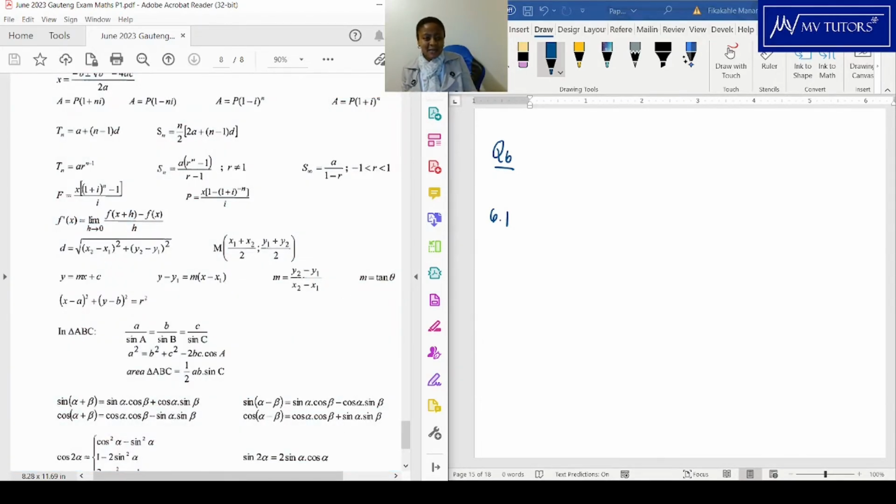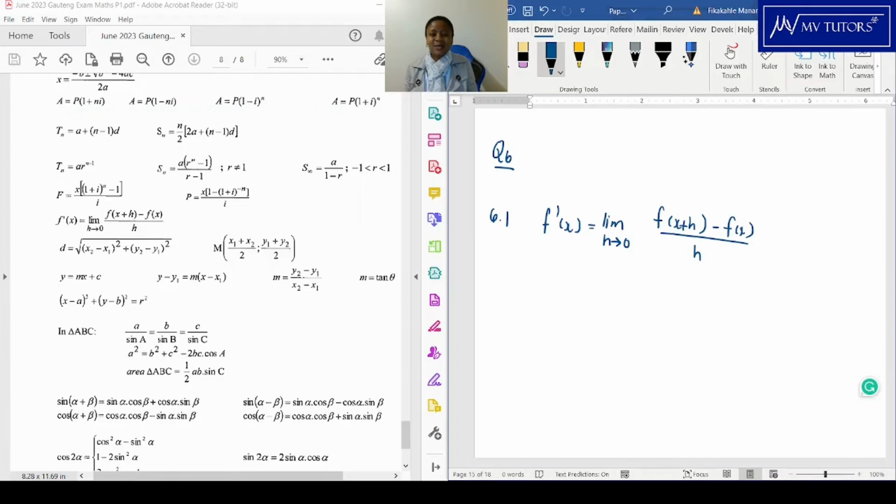So basically, the first derivative is equal to the limit as h tends to 0. So, and guys, it's very important for you to continue writing that limit as h tends to 0, because you have not yet substituted the h.